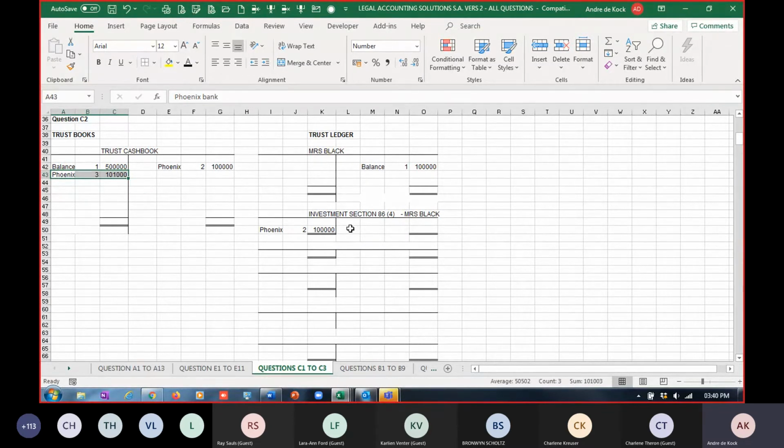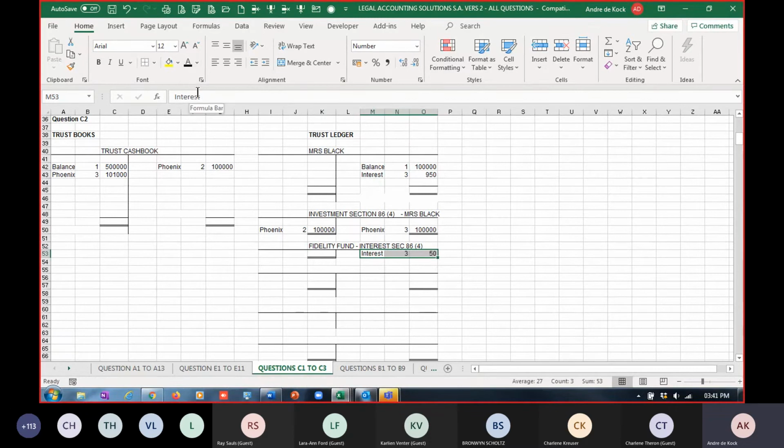Firstly, the 100,000, which is the investment, which is no longer there. Then the 1,000 Rand, 95% of it is interest that's accrued to Mrs. Black. So we credit Mrs. Black with the 950, and then we open up a Fidelity Fund interest in terms of Section 86.4, and we credit the other 50 Rand there.